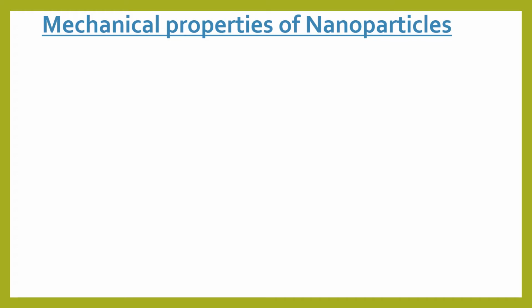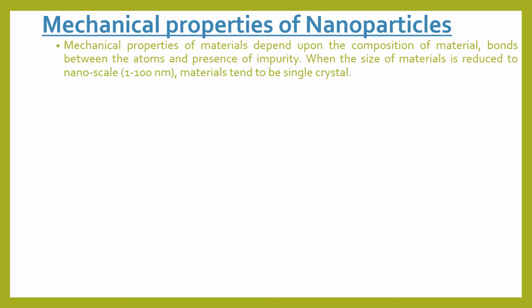This is about electrical property. So the last property is mechanical property in nanoparticles that we'll see. Mechanical properties of material depend upon the composition of material, bonds between atoms, and presence of impurity. When the size of material is reduced to nanoscale, the material tends to single crystal.